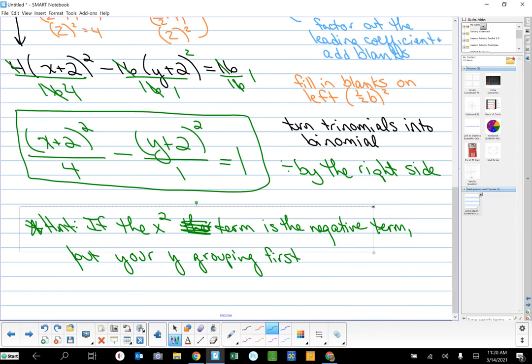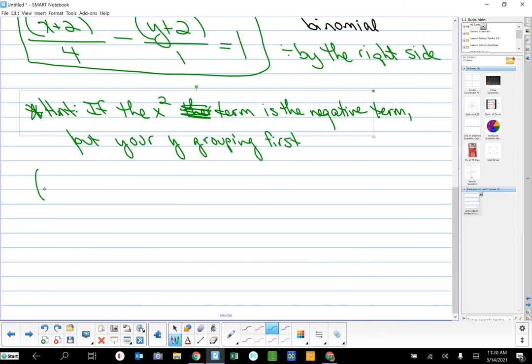So what I mean by that is do your b y squared plus d x plus e y plus a blank, and then it would be minus your a x squared plus your d x plus a blank, and then move your constant over to the other side, right?